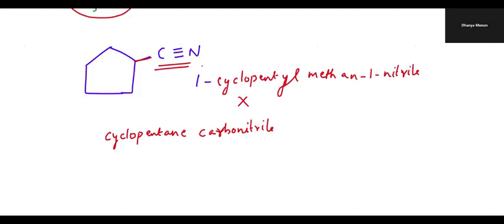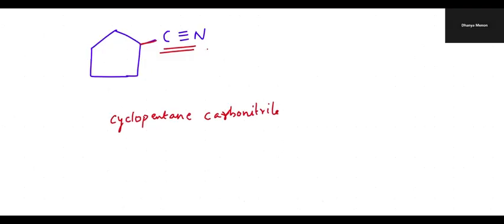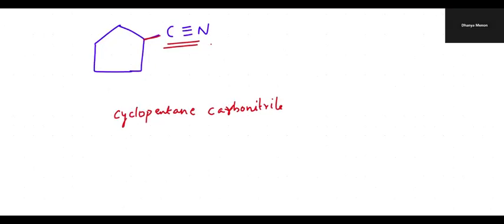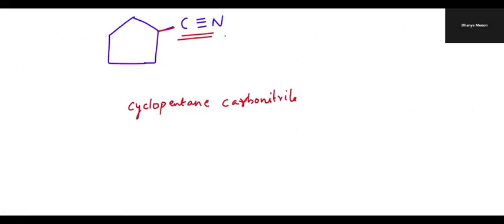So this naming is wrong because this is the terminal functional group which has a carbon and it is directly attached to the ring. Okay, so this was discussed when we were discussing aldehydes, acids, and even the acid halide, all these we had discussed, this special case.